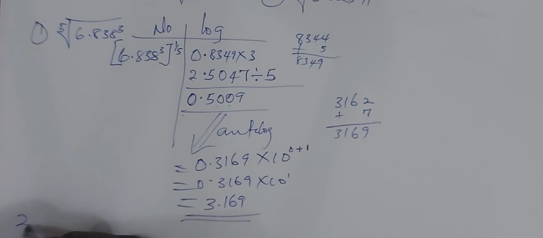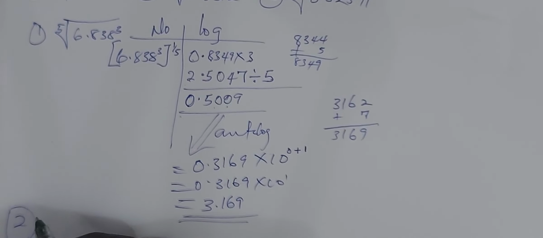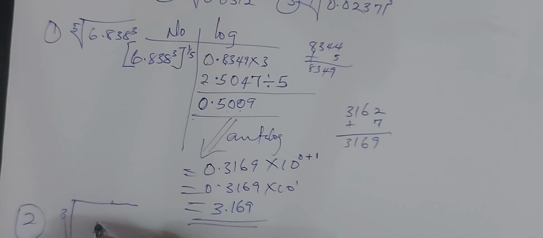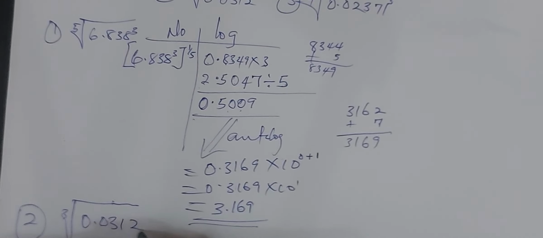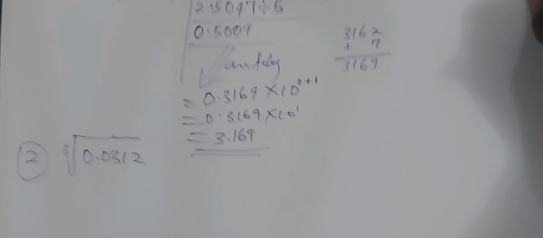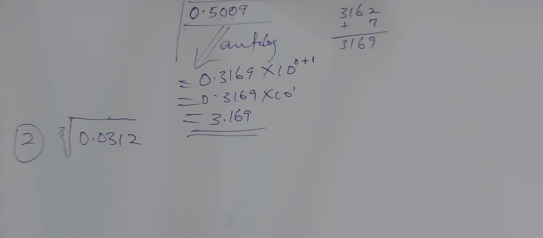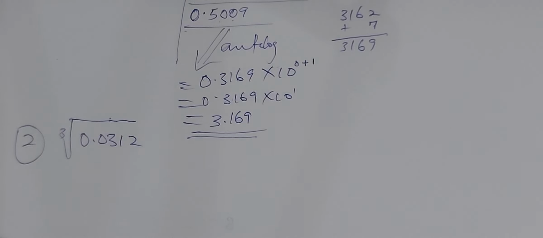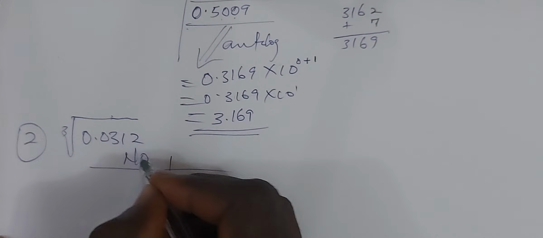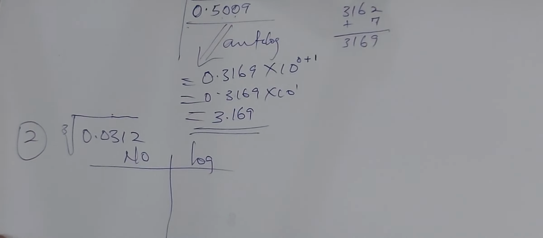This one is our usual number. We have number 2, the cube root of 0.0312. That is our number 3. The cube root of 0.0312. So we write our table, number and logarithm.